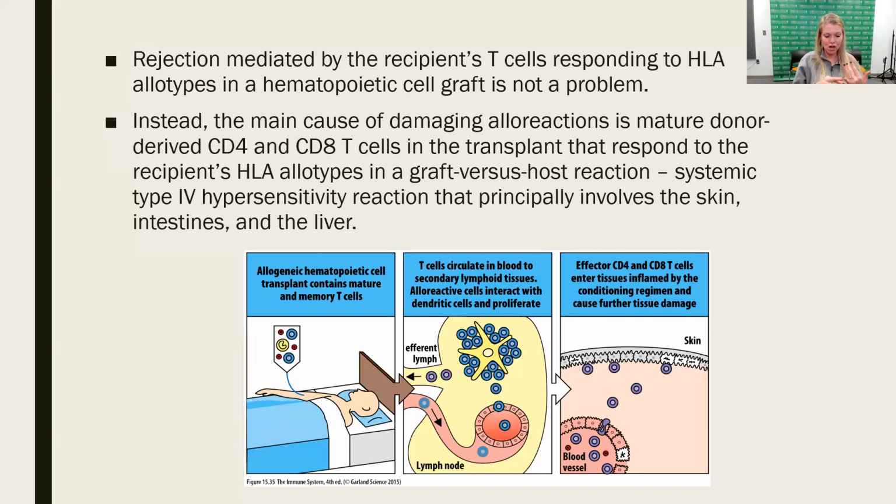You get a rash, and in the intestines there can be a lot of diarrhea or other types of inflammation, and around the liver. So graft versus host disease looks very different than what we see in solid organ transplant. These mature T cells from the donor attack the recipient.